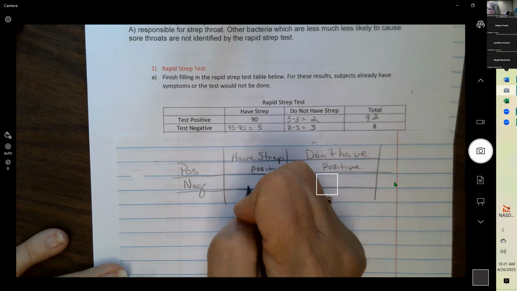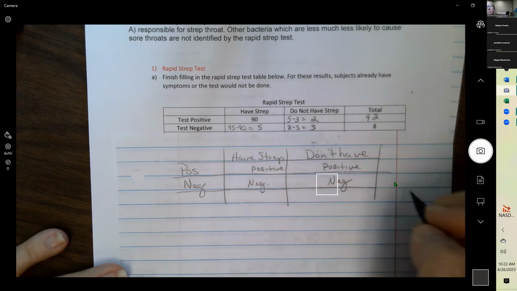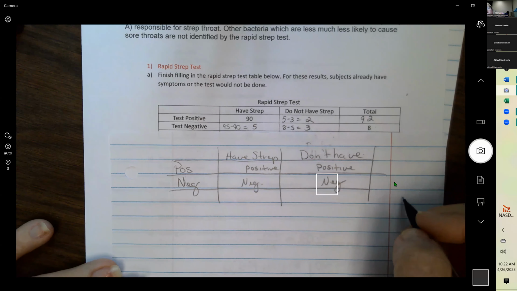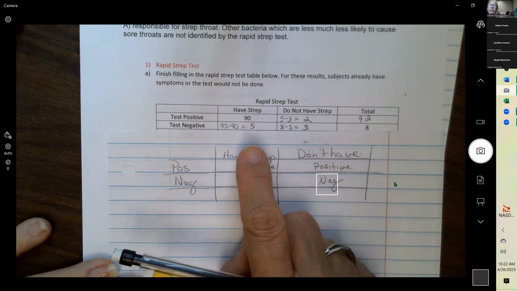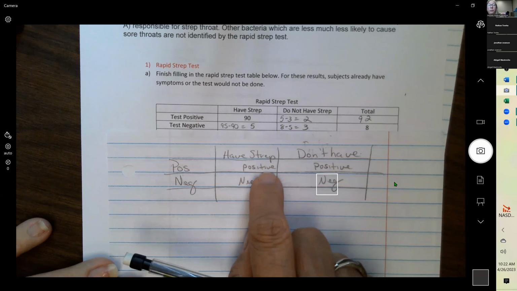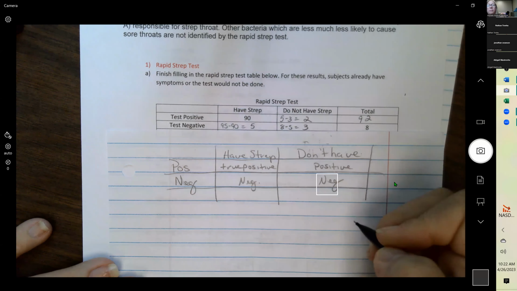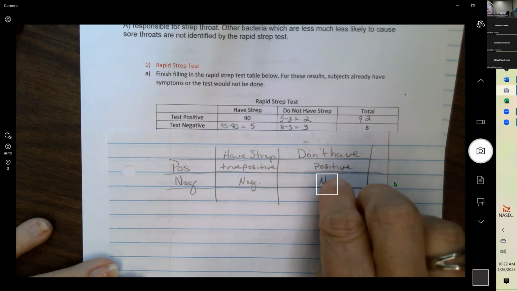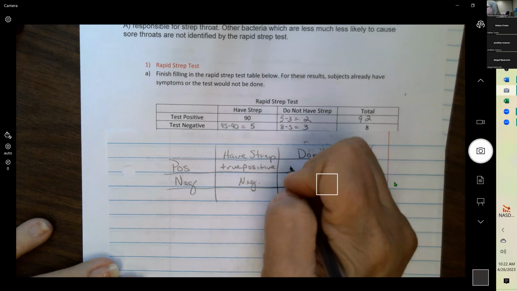And both of these are negative. Now it just depends on if it's true or false. If you have strep throat and your test was positive, it was correct. It was true. If you tested positive and you don't have it, it was wrong. It was false.